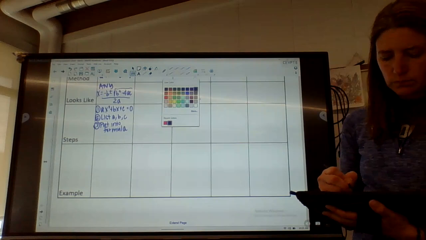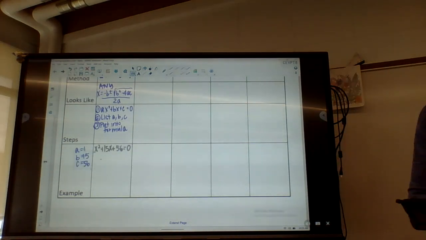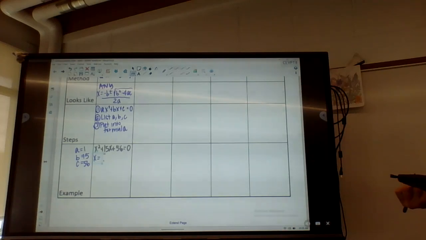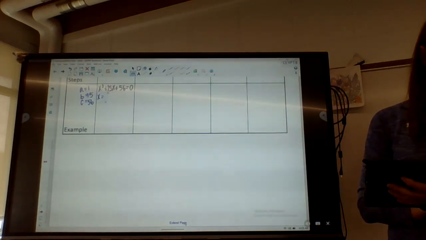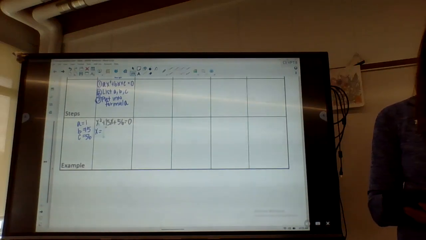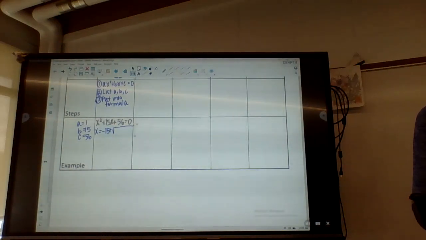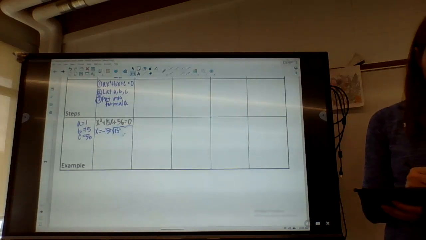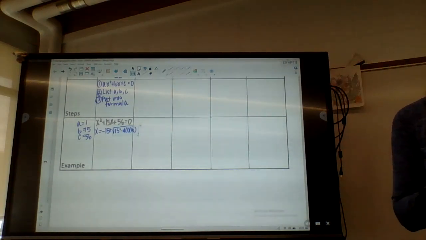So in this case, our A is 1, that's what's in front of the x squared, B is 15, and C is 56. So we'll put that into our formula. So the opposite of B, so that's going to be a negative 15 plus or minus B squared, which will be 15 squared, minus 4 times A times C, all over 2A.